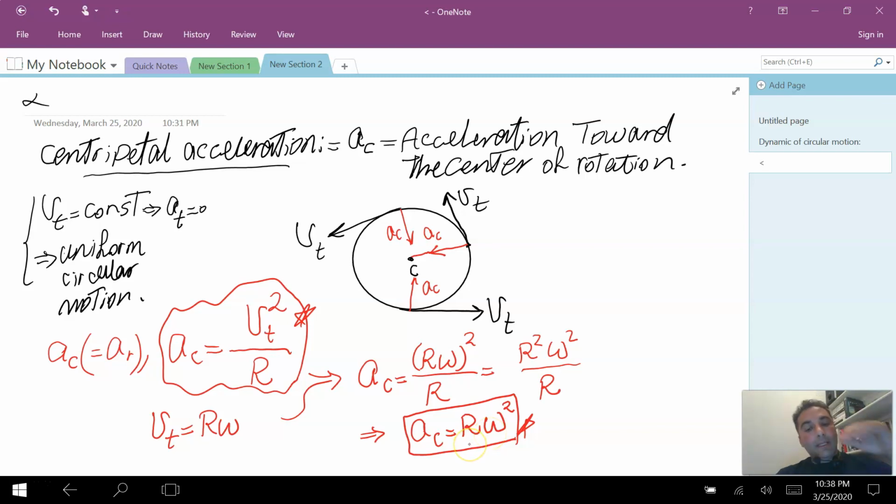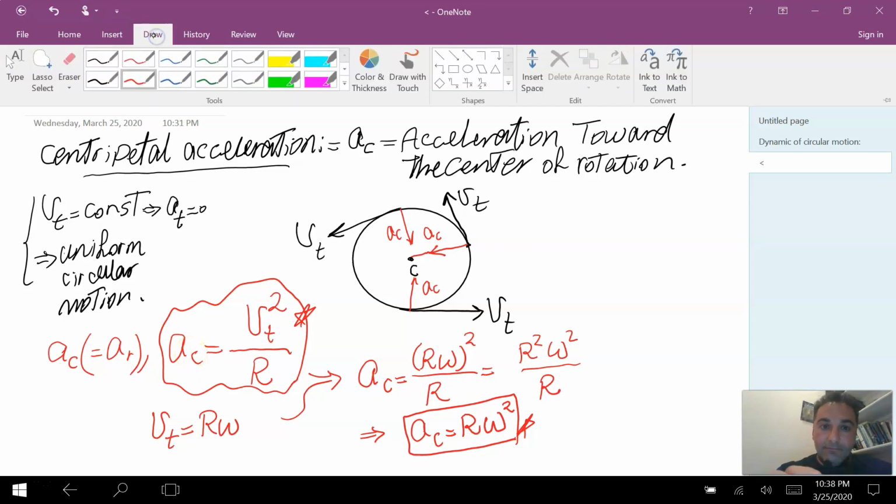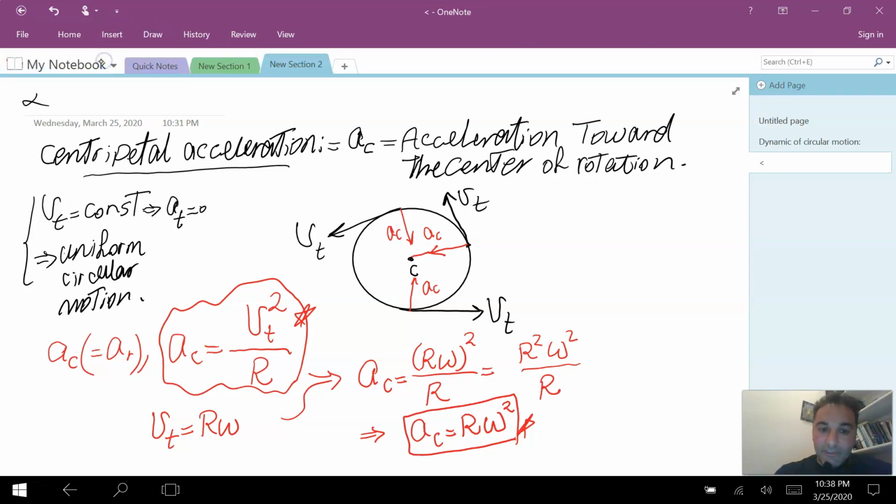Okay. Now, what is the unit of centripetal acceleration? It's meters per second square. Why? Because speed or velocity is meter per second to the power of 2.